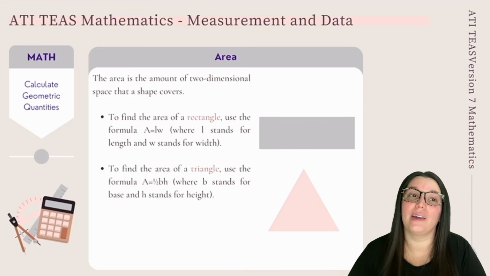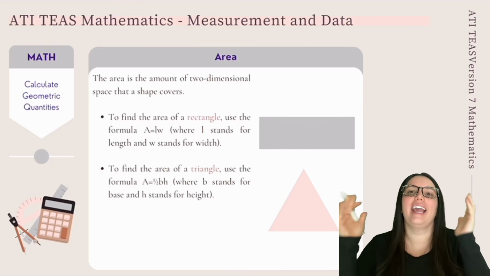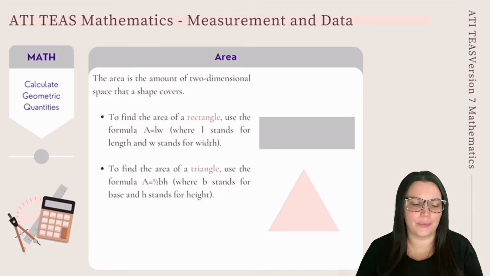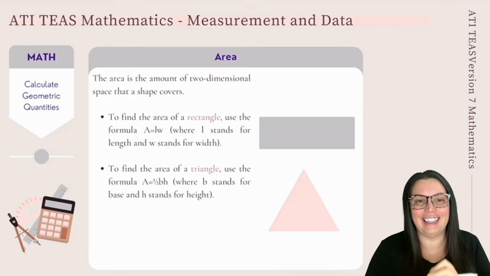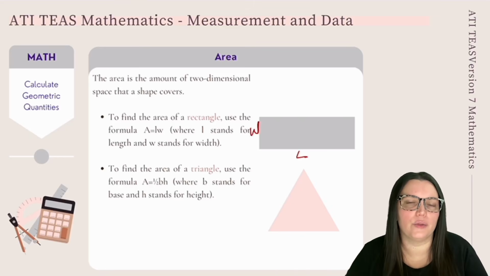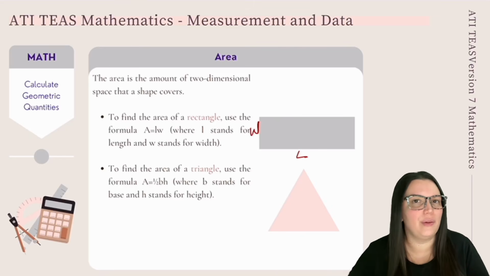Now we're going to start talking about area. How do we figure out an area of a two-dimensional shape? So we do this by different kinds of formulas depending on what the shape looks like. So in order to find the area of a rectangle, we have to use the formula length times width. Whereas with a triangle, this one's a little bit more complicated.